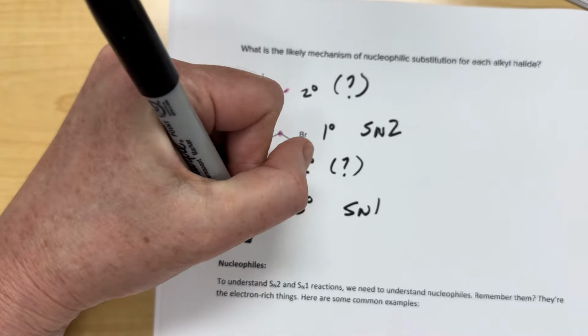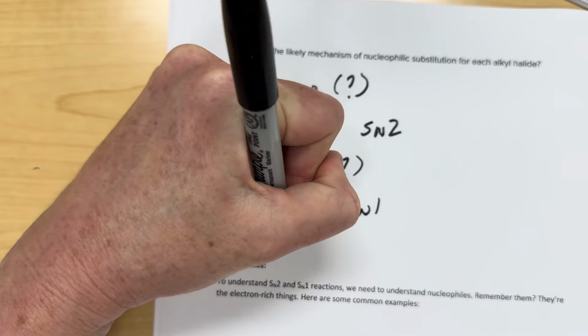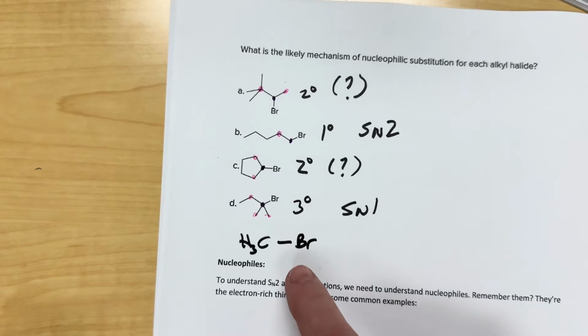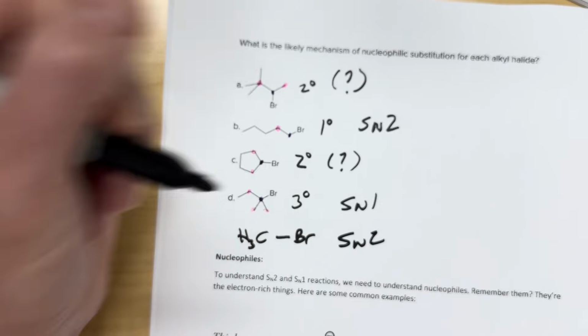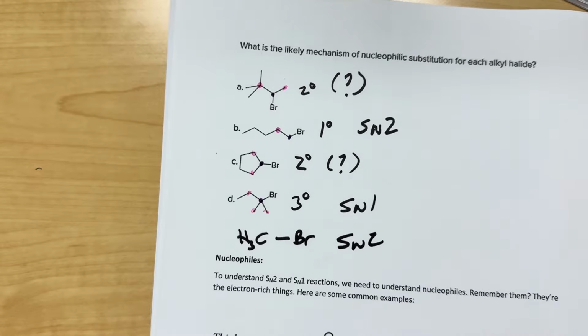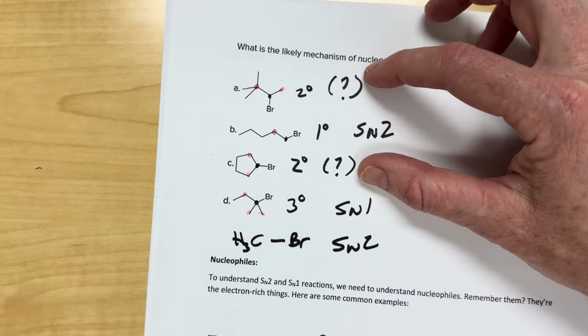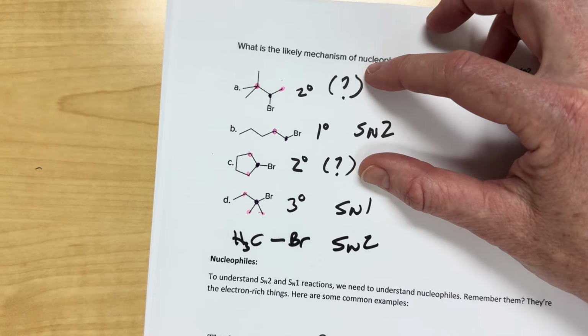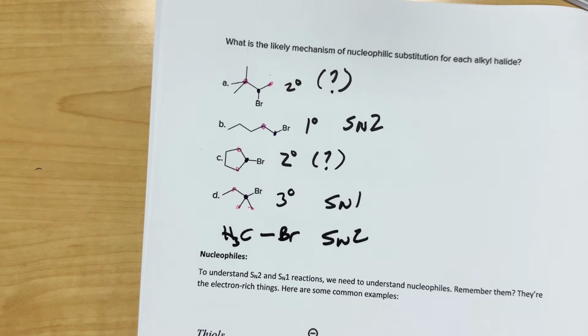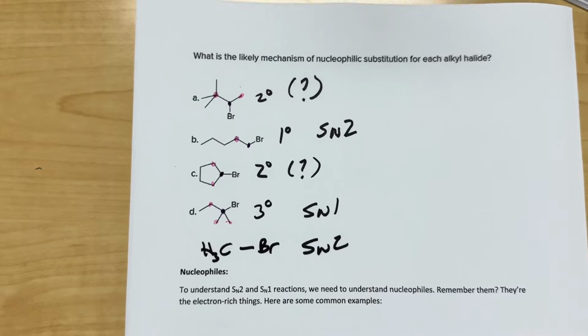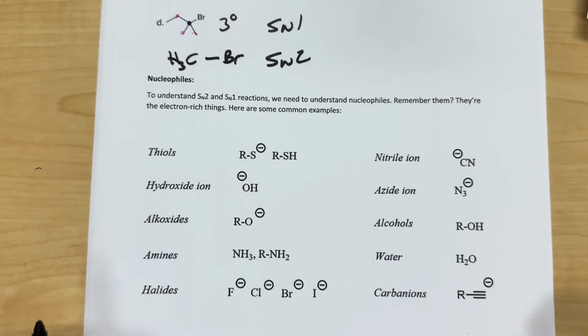If it were methyl, you would know which one it is using. The only time we don't is these. So from here on out, we're only worried about secondary reactions, pretty much, or secondary alkyl halides. All right, in those situations, it helps to understand nucleophiles. So here's kind of a list of some general nucleophiles.